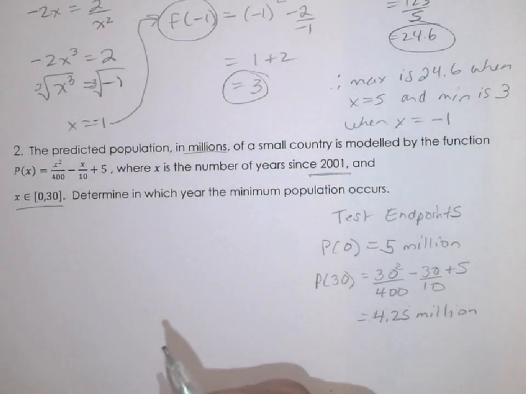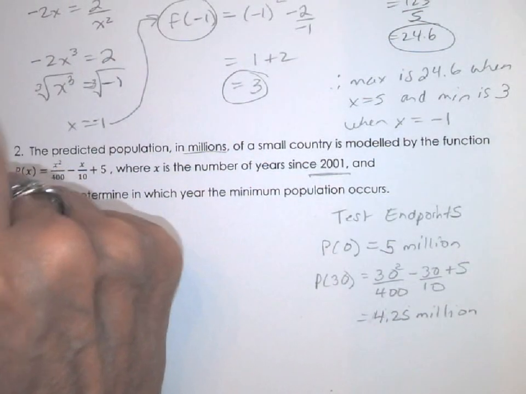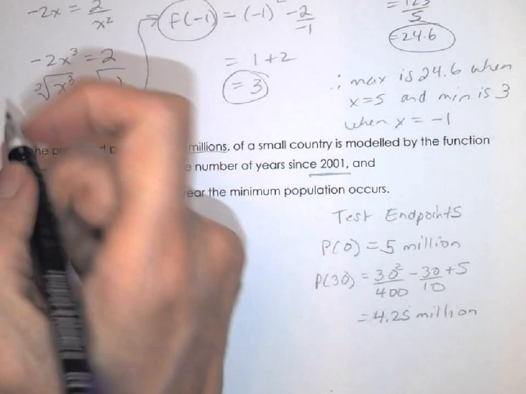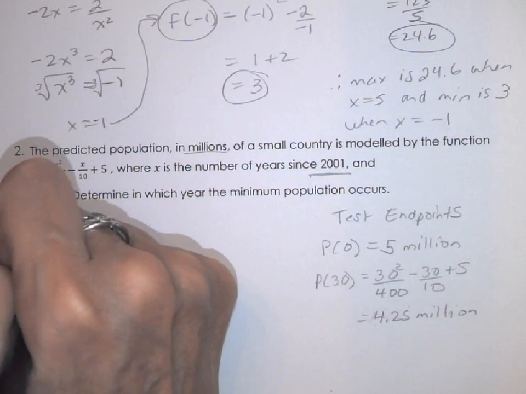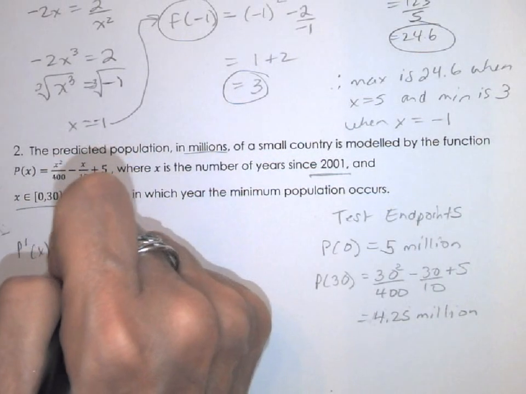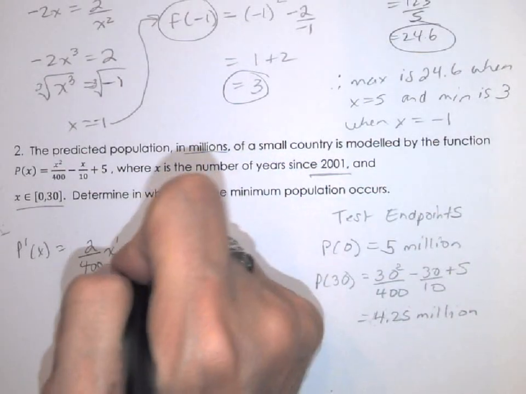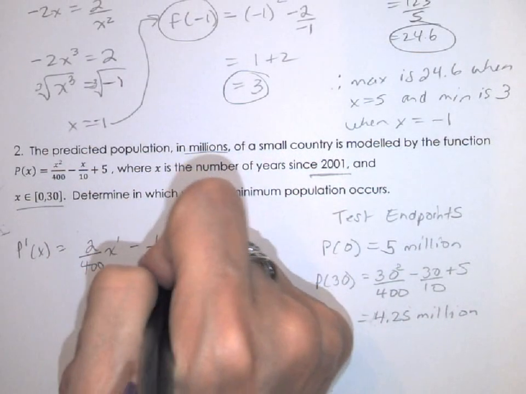So now we want to derive P at x. So P prime at x is going to be 2 over 400 x to the 1, minus 1/10.